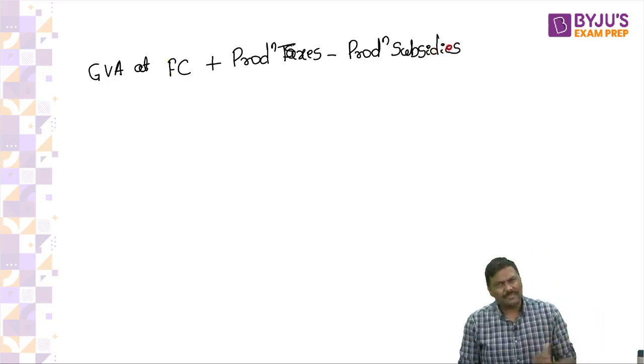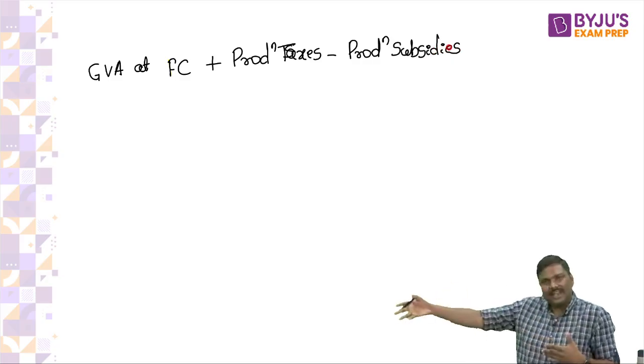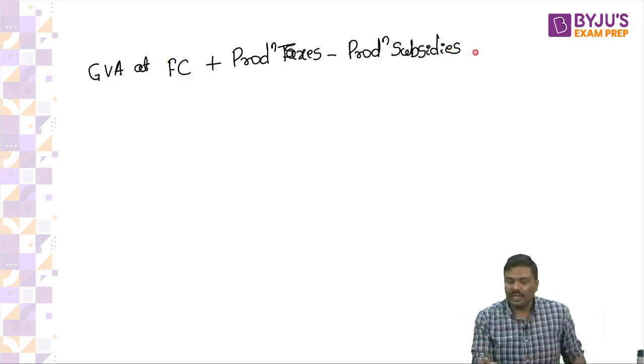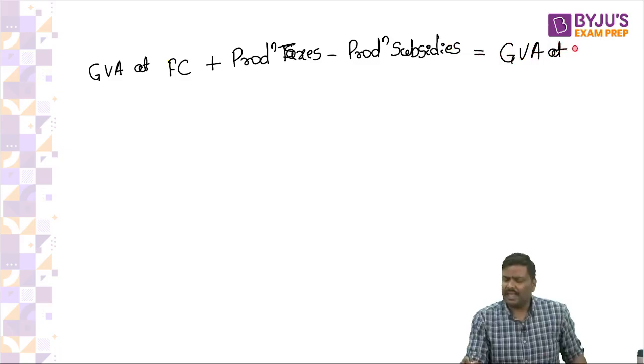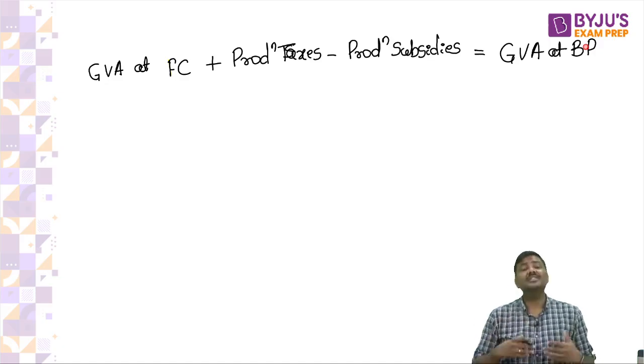Will you get market prices? No. To arrive at market prices, there are more taxes and more subsidies. What you will get is GVA at basic prices. But you need market prices. What is left out now?